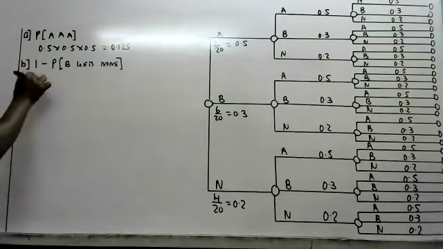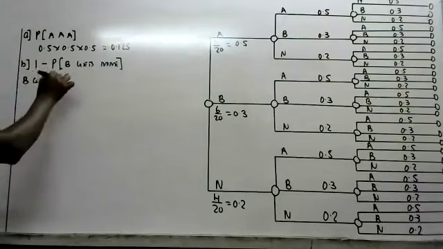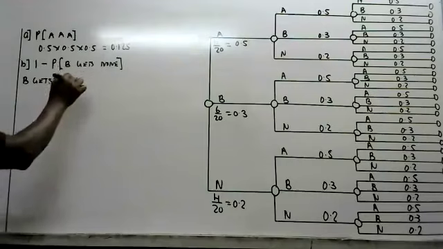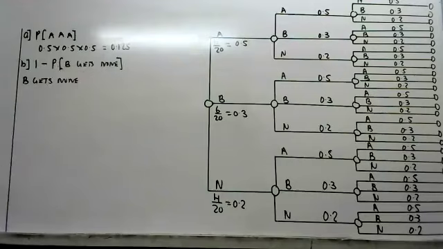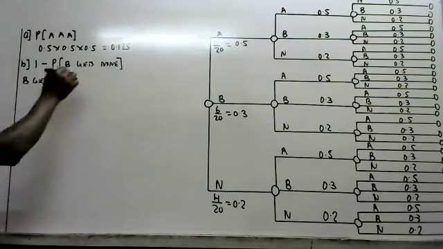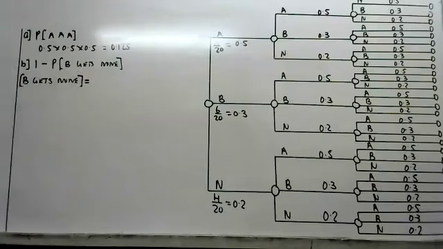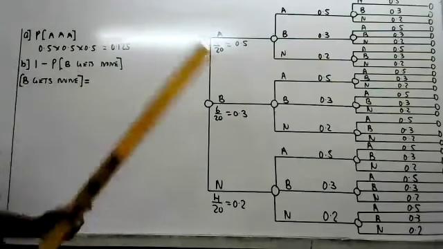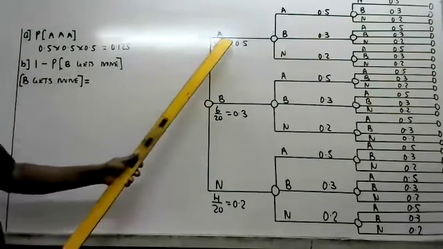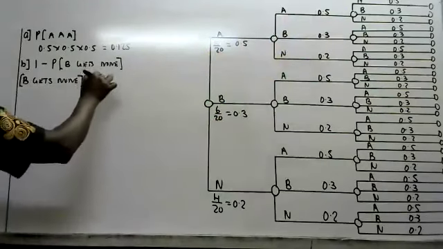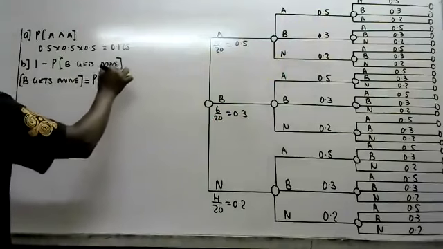So we start looking for where B has nothing. So it is A, that's the first one. It is the probability of A. There is no B there.